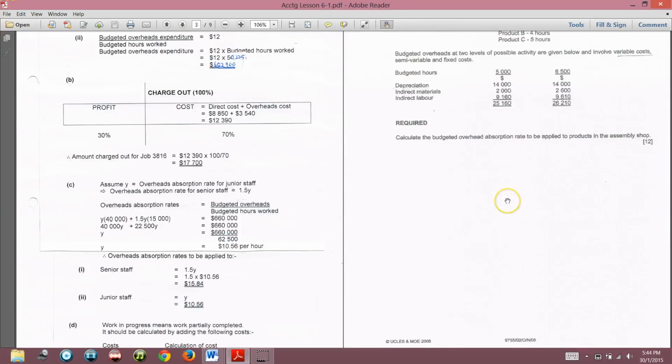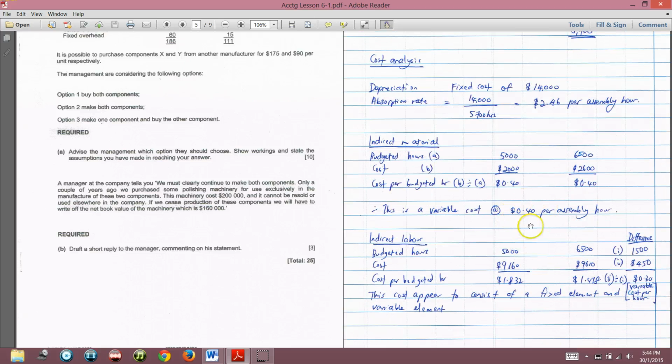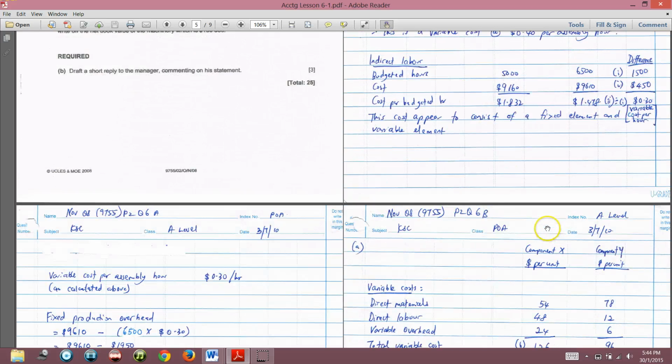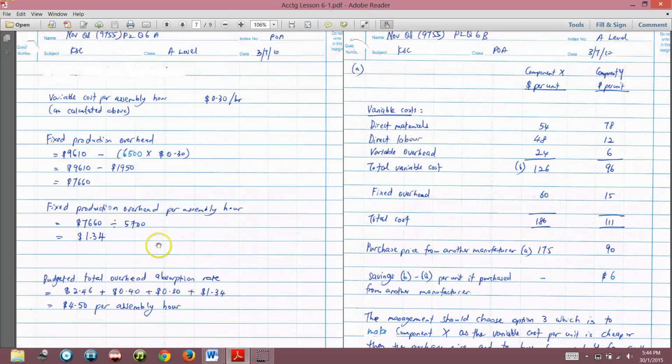And just now we have actually calculated the overheads for every element. The overhead absorption rate for depreciation is so much. The overhead absorption rate for indirect material is so much. The overhead absorption rate for variable indirect labor is so much. And the overhead absorption rate for fixed indirect labor is so much.